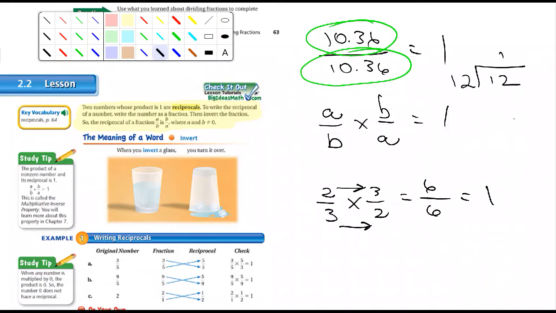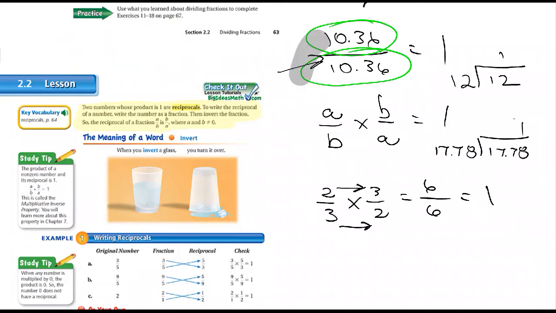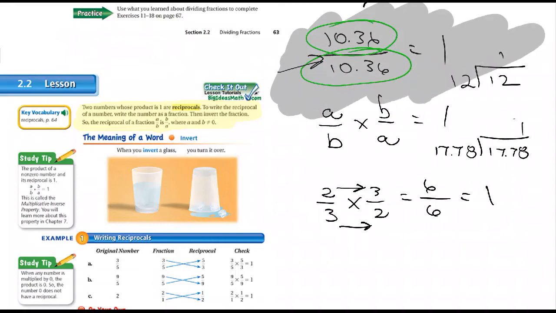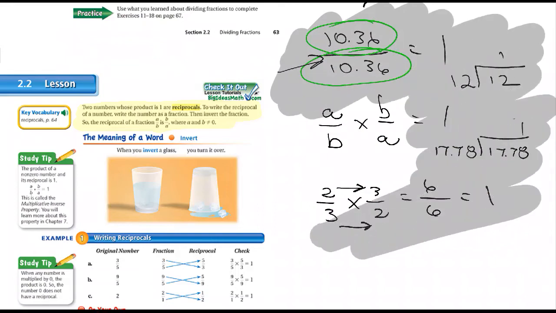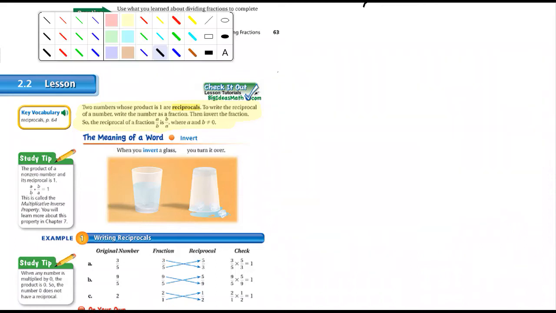If I wrote 17.78 divided by 17.78, what's the answer? 1. So keep in mind, this line right here, in any fraction, just simply means divided by. And so whenever you have a reciprocal, two fractions, doesn't matter what it is, it's going to equal 1.